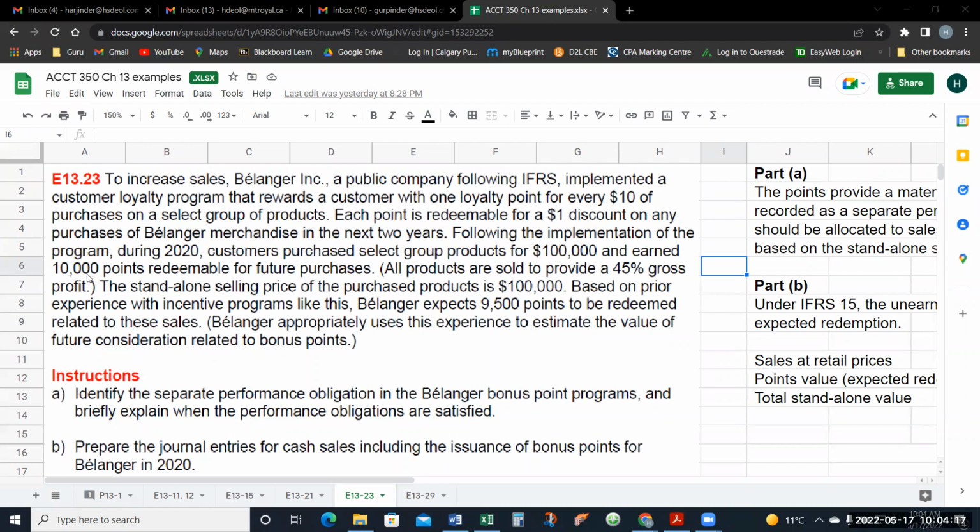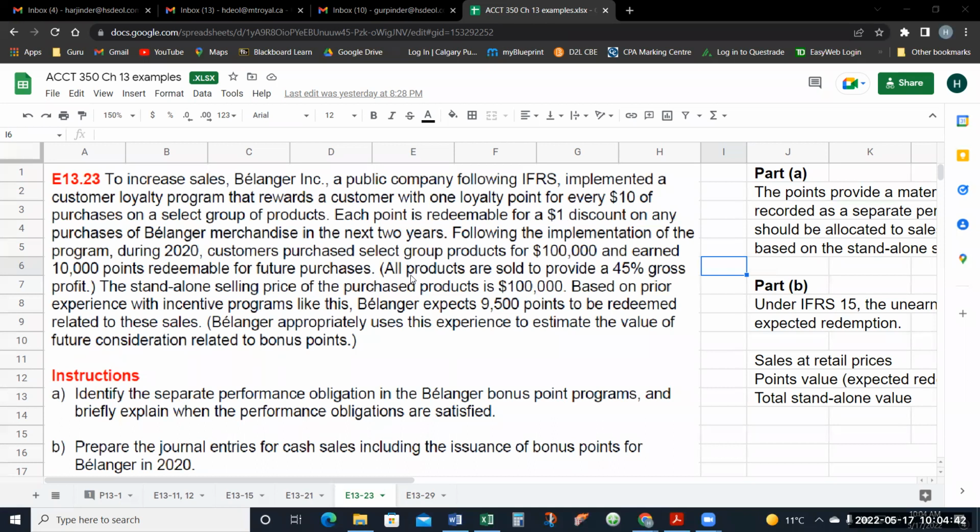Following the implementation of the program during 2020, customers purchased select group products for $100,000. Now keep in mind, every $10 spent gives 1 point. So $100,000 spent would mean 100,000 divided by 10, 10,000 points in total. And that's what was earned, 10,000 points, redeemable for future purposes.